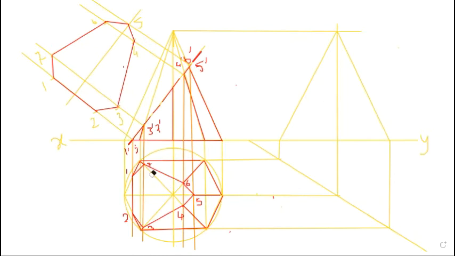Okay. Now each point we draw the projection line. Means the section must be inside it. Okay. So firstly, each point we draw the horizontal line. Okay.